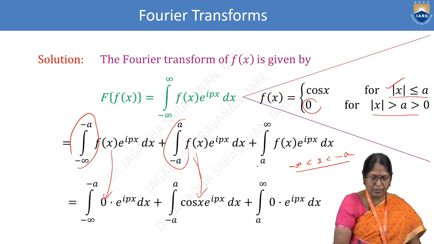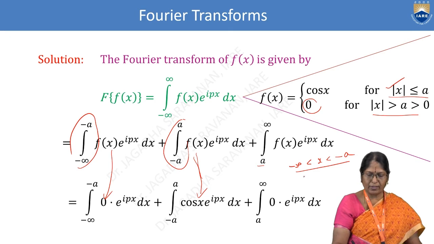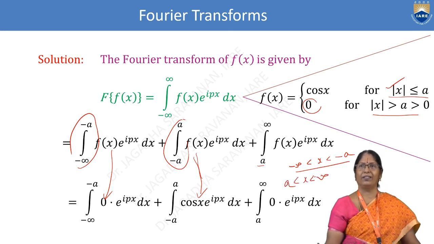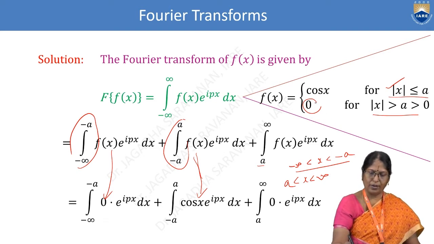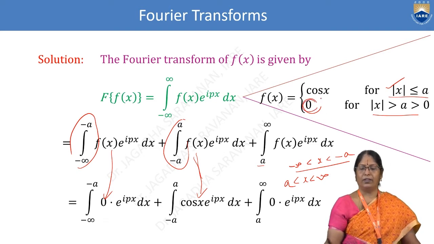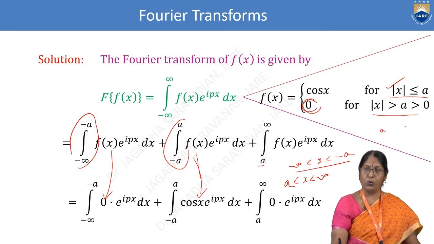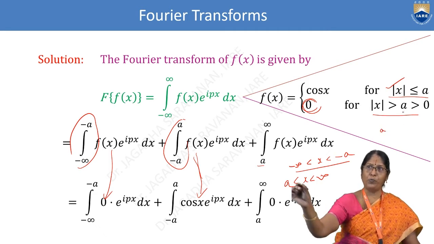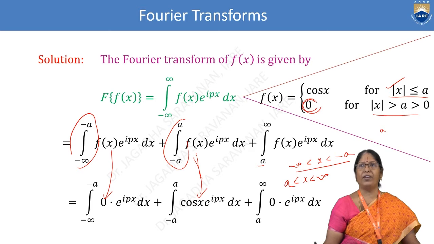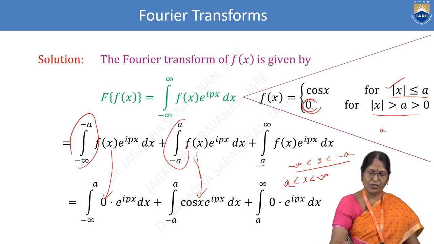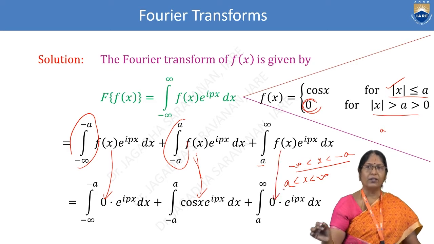The next one means x lies between a to infinity. Here it's not there. So that falls under, starting a up to the ending, infinity. So the function is 0. It is replaced by 0.